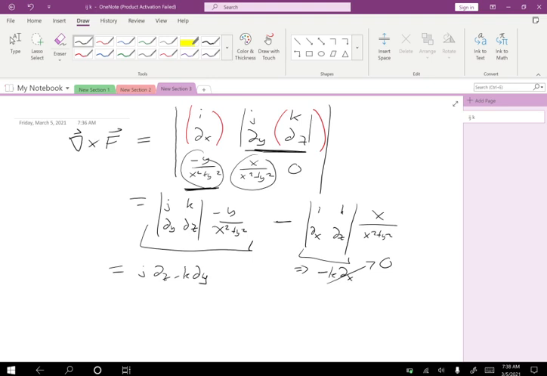Okay, yeah, I made a mistake. I'm sorry. The partial x term will not be 0. The partial z here will be 0, but partial x will not be 0. So we're going to evaluate these.